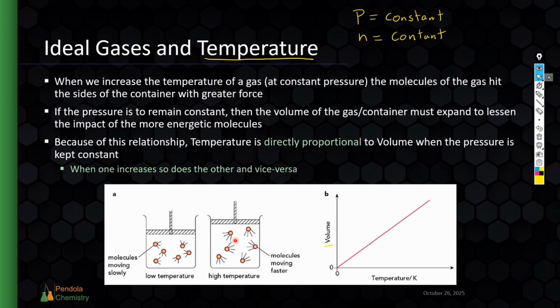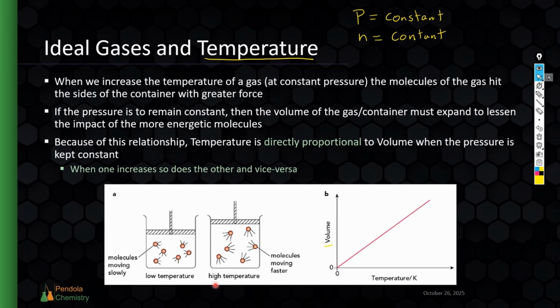The volume of the container needs to increase in order to lessen the impact of the more energetic molecule. So essentially, you can think about it this way. When the molecule crashes into this piston, because it has so much pressure, it pushes the piston up and increases the volume of the container. That increase in volume mitigates the larger force that the molecules are moving with because they have to move through a larger distance.